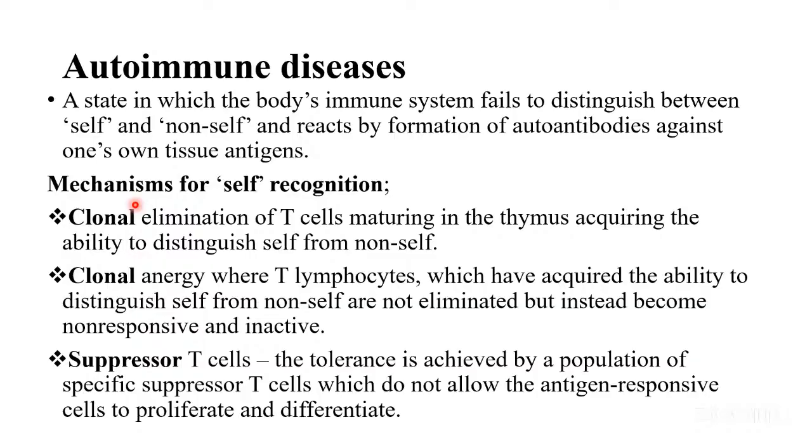While still in the thymus gland, there is clonal elimination of T cells. They mature in the thymus, acquiring the ability to distinguish self from non-self. So T cells that cannot distinguish self from non-self are eliminated from the system. The works of God, the miracles.